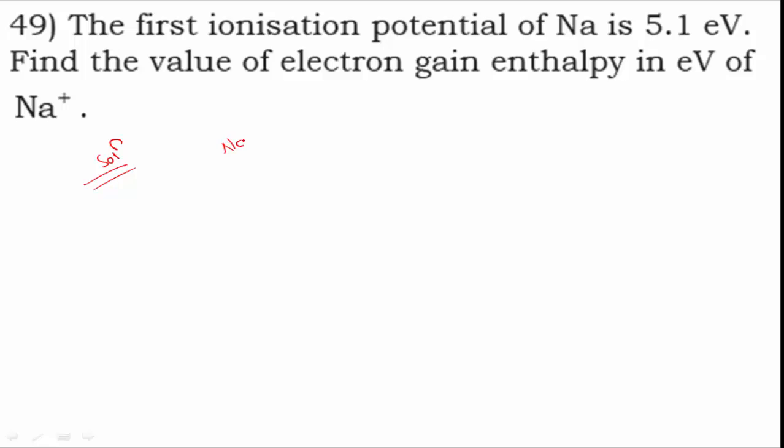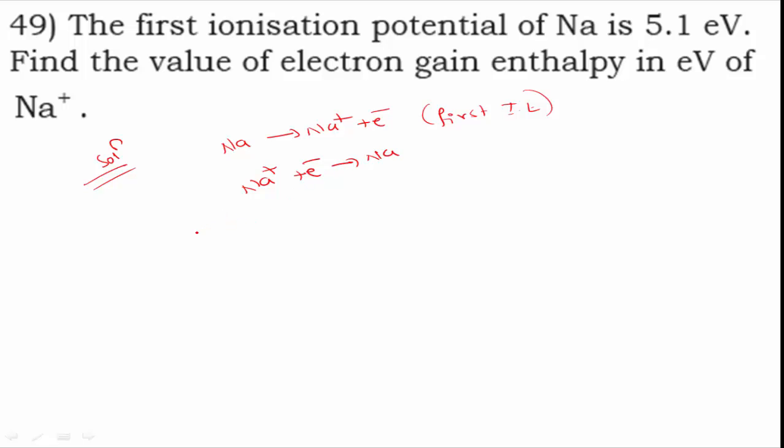Here I write the reaction: Na changes to Na plus, by giving one electron, is the first ionization energy, and Na plus by addition of one electron changes to Na.